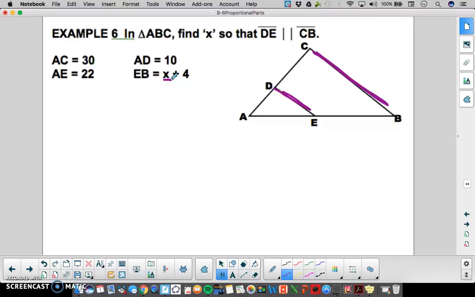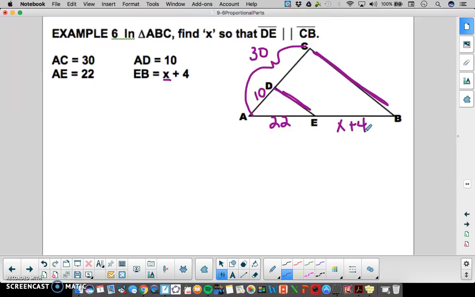So we know AC is going to be 30. We know AE is 22. We know AD is 10. And EB is x plus 4.